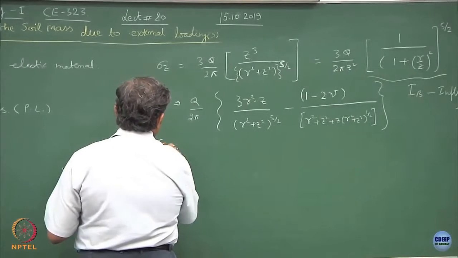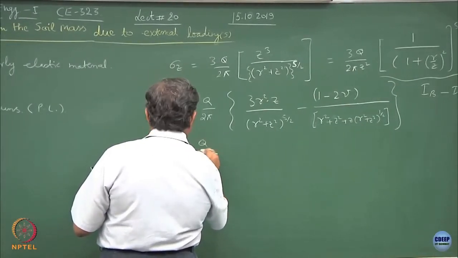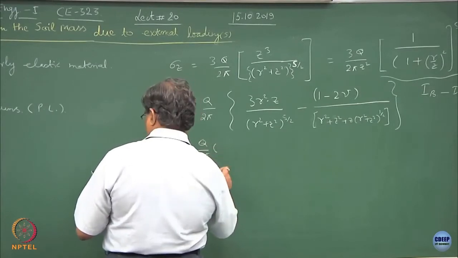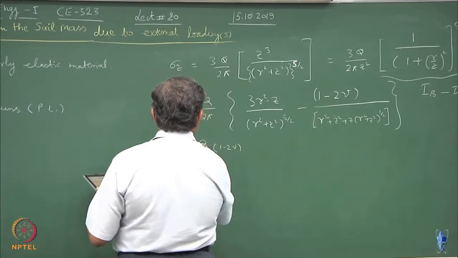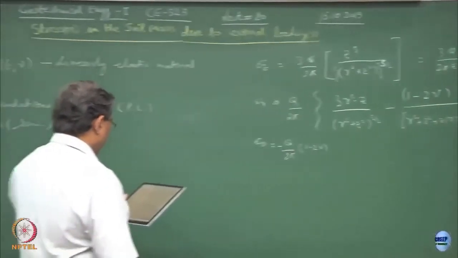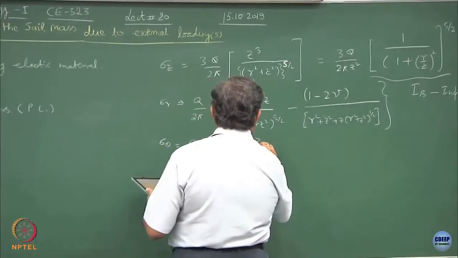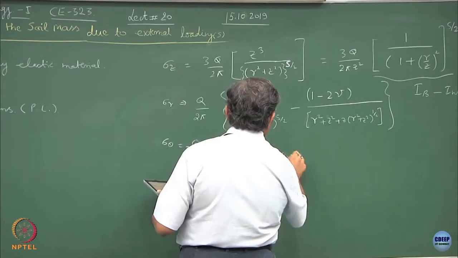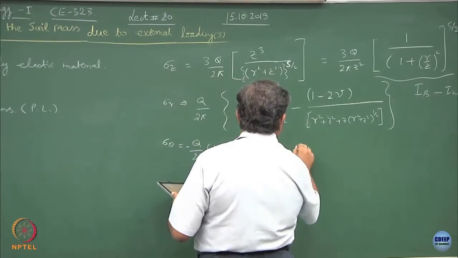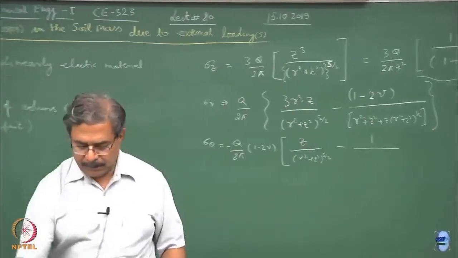Sigma theta is defined as q upon 2 pi, 1 minus 2 nu, negative sign, z upon r square plus z square to the power 5 by 2, minus 1 divided by this term.